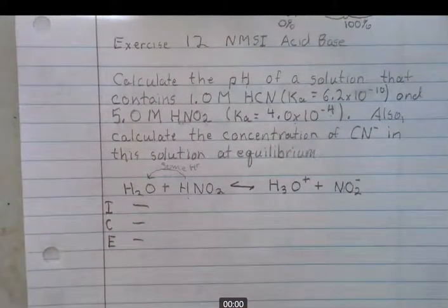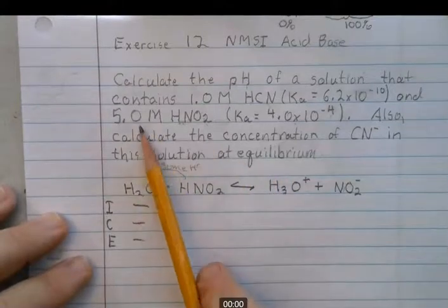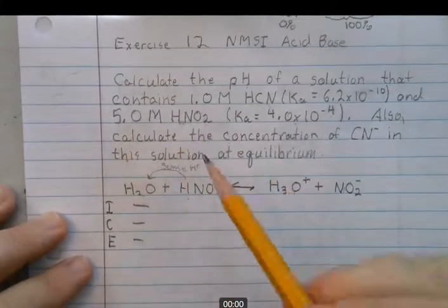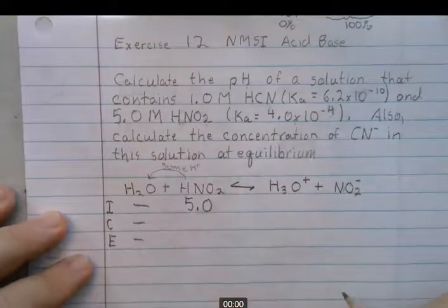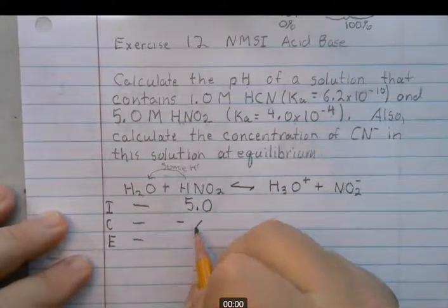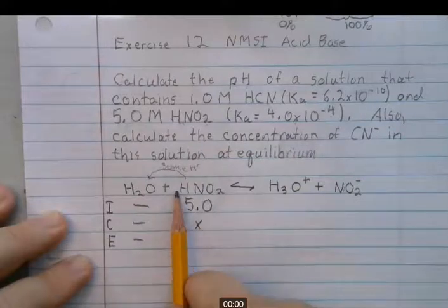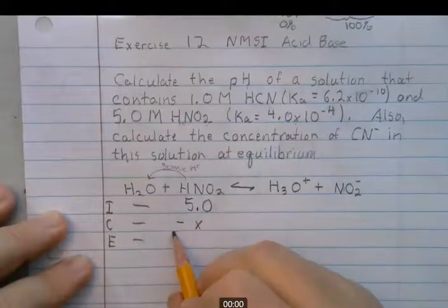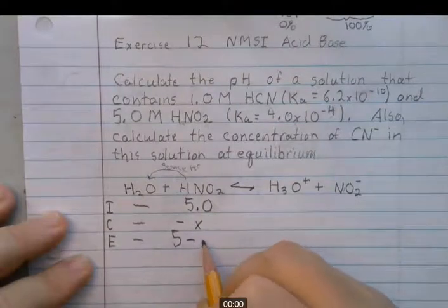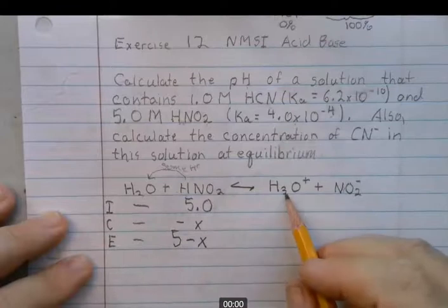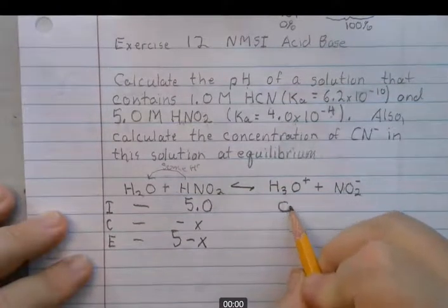Okay, it said we started off, let's go back and read the question, with 5 molar of HNO2. So we're going to put a 5.0 there. Okay, and we're going to subtract X. Because again, the coefficient here is X. Everybody's coefficient is X. And that's going to give us 5 minus X. Over here, we start off with 0.